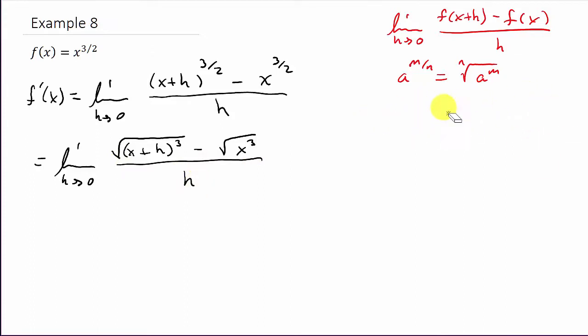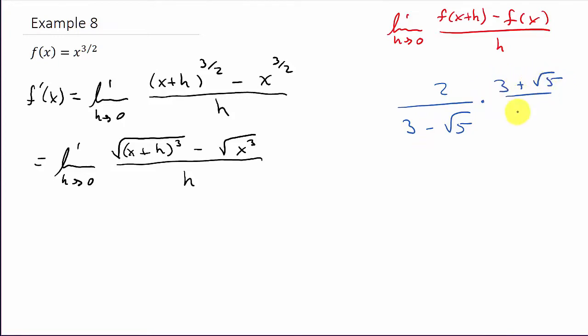Alright, so let's look at this. So I need to get rid of the square roots. So what we'll do is, you remember college algebra, you had something like this, and you would rationalize the denominator, right, by multiplying by the conjugate. Well, that's what we'll do here.